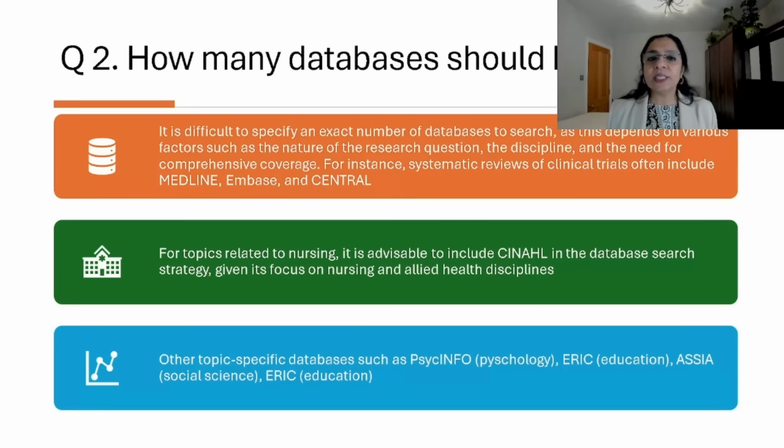But the key thing to remember is we need to include the key databases related to the topic. And other than the databases, we need to search some websites, sometimes hand searching of journals, and other organizational websites and registries. So several types of search sources we need to employ.